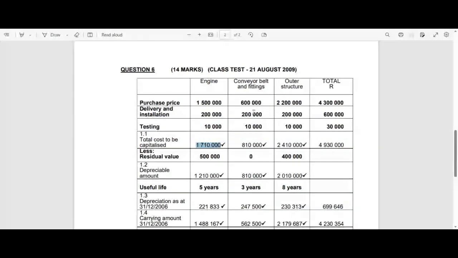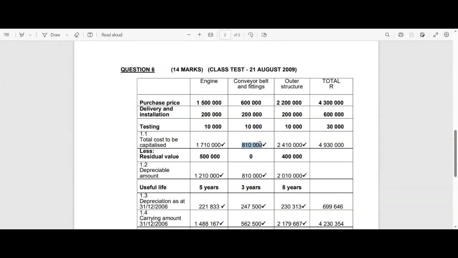Right. We do the same with the conveyor belt and fittings. The purchase price was 600,000. We add the two directly attributable costs, being first of all the delivery and installation of 200,000 and also the 10,000 rands for testing. So that means the total cost that is going to be on the account that we call bottling plant, conveyor belt and fittings cost is going to be 810,000 rands.